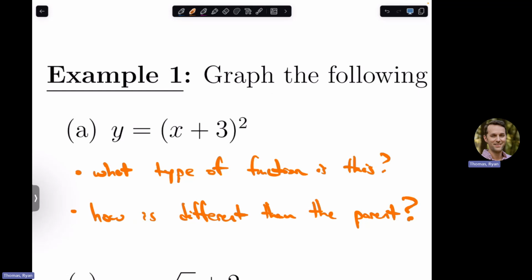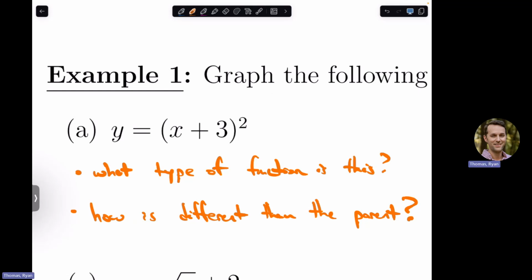The parent function is the thing that we just looked at, right? If there's nothing else going on and the only operation that happens is the square root or the absolute value or whatever, that's the only thing, then that's this basic function type graph that we're familiarizing ourselves with. That's the parent function.